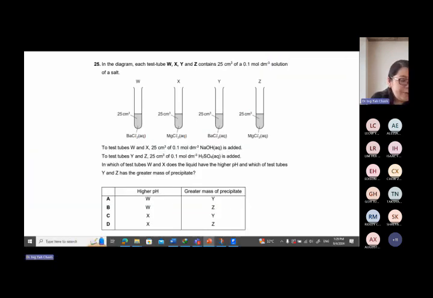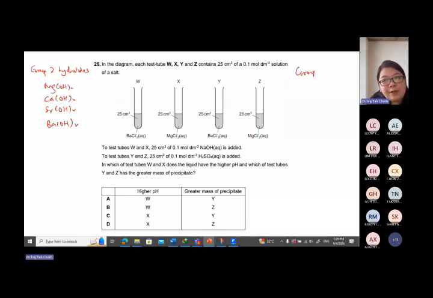Question 25 is a question about the solubility of group 2 hydroxides and group 2 sulfates. Before we start, let's just write down the trend. Group 2 hydroxides: let's start with magnesium hydroxide, calcium hydroxide, strontium hydroxide, and then barium hydroxide.